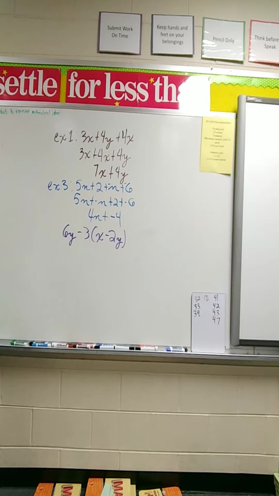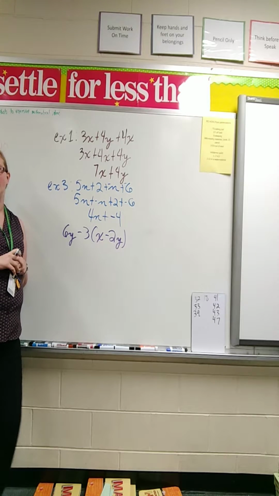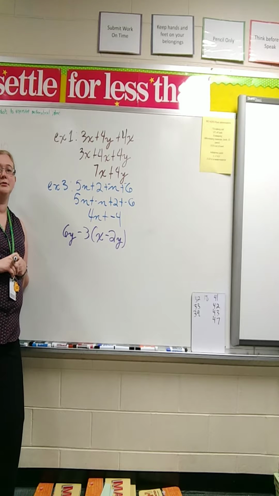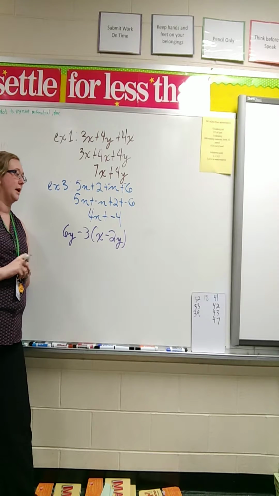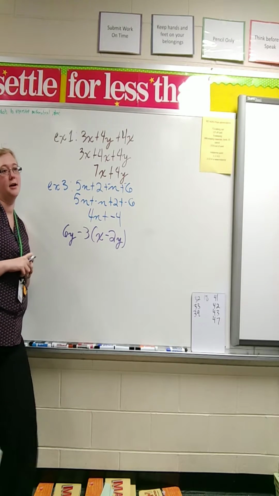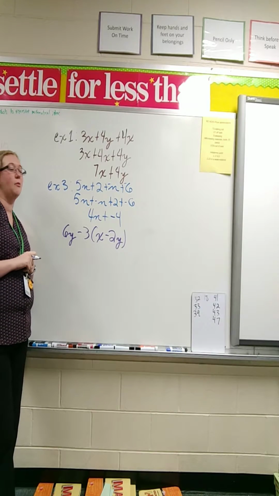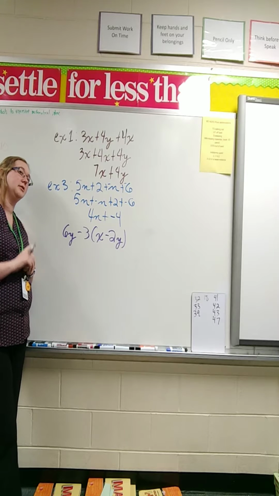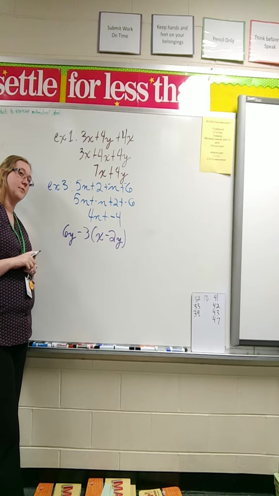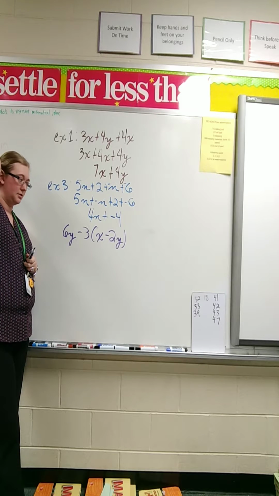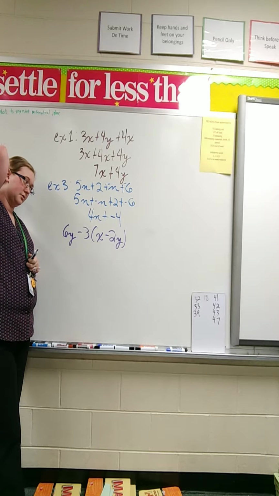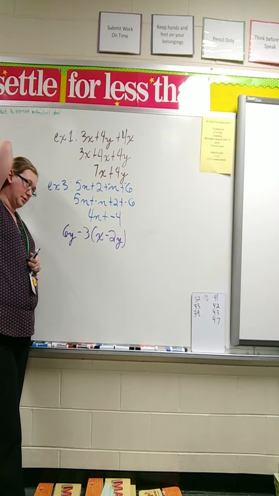What do you think I should do first? Okay, can I combine x minus 2y? No. But what can I do to the parentheses? You can distribute it between the variables, like negative 3x and negative 2y times negative 3.